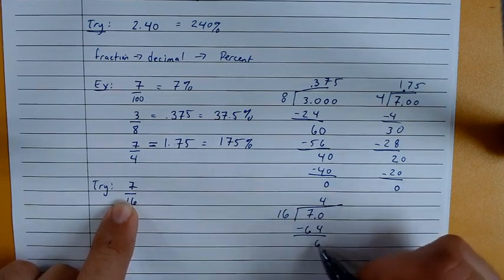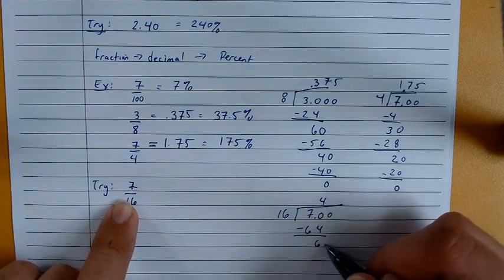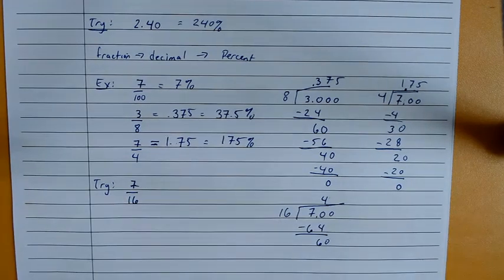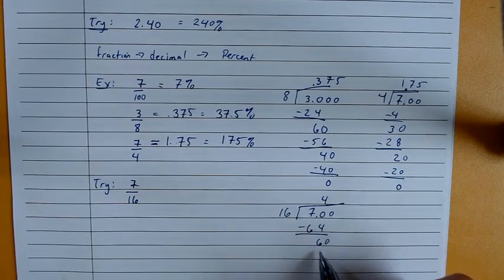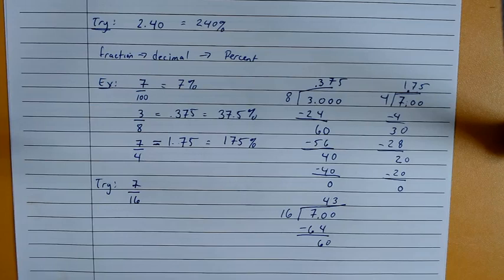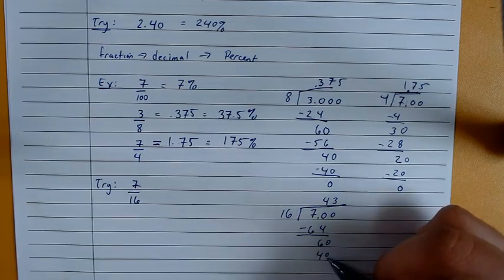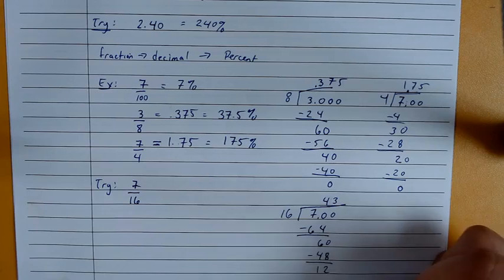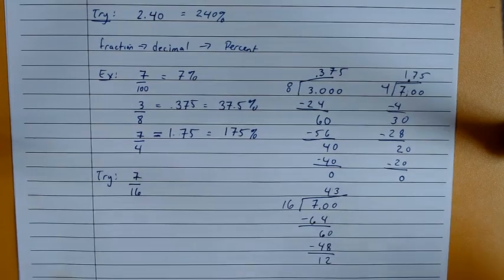Okay, well, there's a remainder, which means we want to keep going. Let's drop another 0. 16 goes into 60. Well, we already know that 4 times 16 is 64. That would be too big. So we want to use 3. 16 times 3 is 48. And if you take 60 minus 48, we end up with 12. Again, we still have a remainder, so we got to keep going.